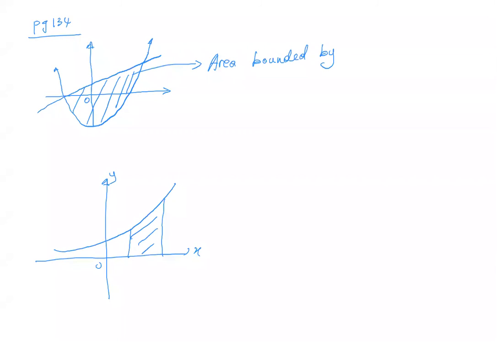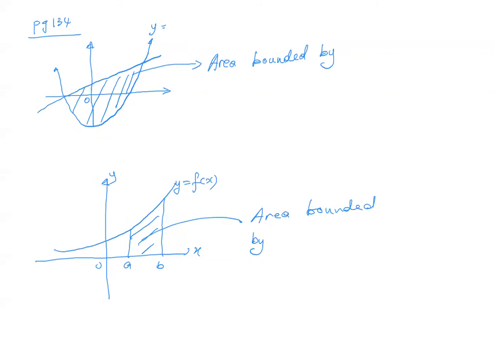How do you define this one? Area bounded by... put it in words. And this one, put it in words. Then you tell me what is the difference. Can someone give me, how do I define this?